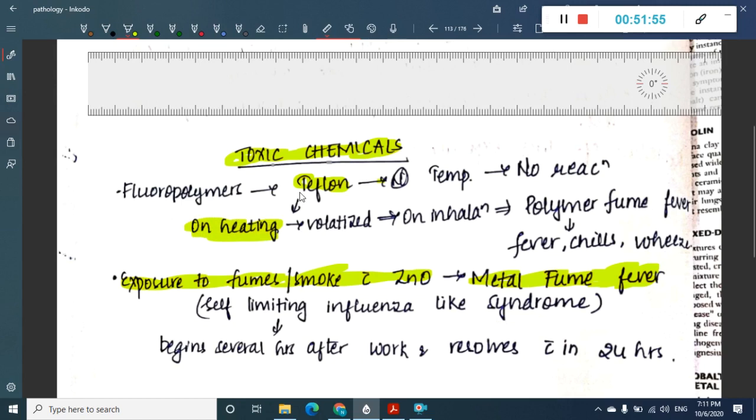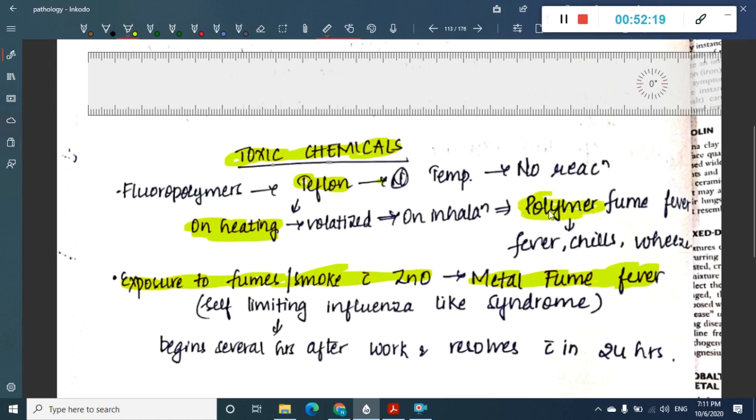What is volatilized? It converts into vaporized form, just like kerosene or petrol or any oil, if you heat it, it gets vaporized, right? Similarly, Teflon also gets vaporized. And if you inhale these fumes, then you will get something called polymer fume fever.